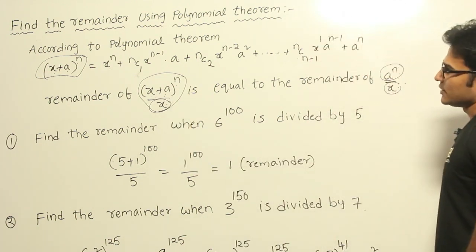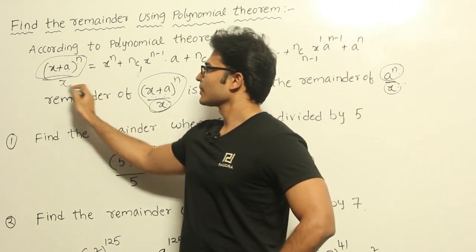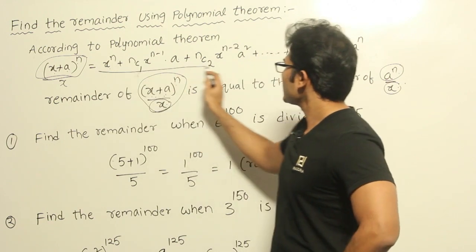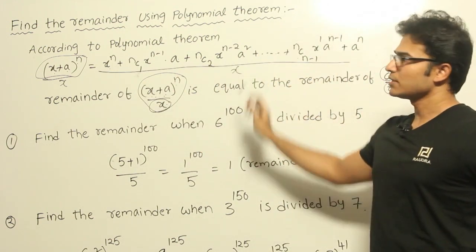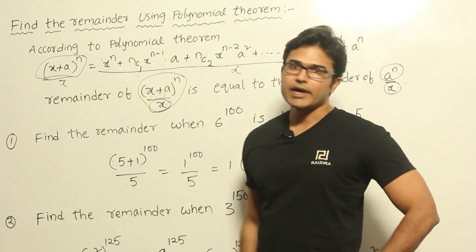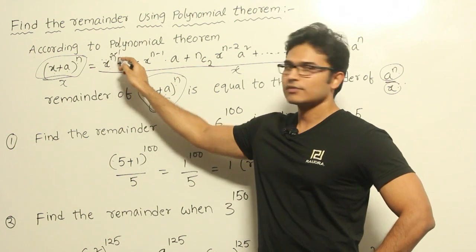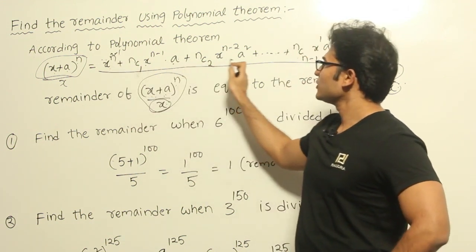So how is it possible? Just see this, if you are going to divide this term by x, it means that you are going to divide this entire expression by x, isn't it? Now if you observe, this term has x in it, therefore you can cancel off x. Similarly you can keep on cancelling off x.